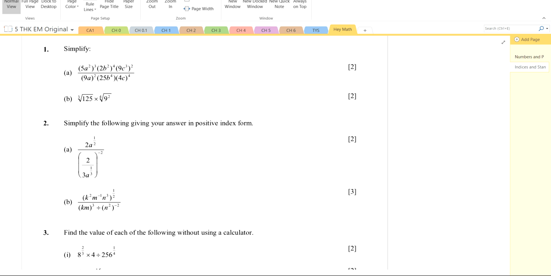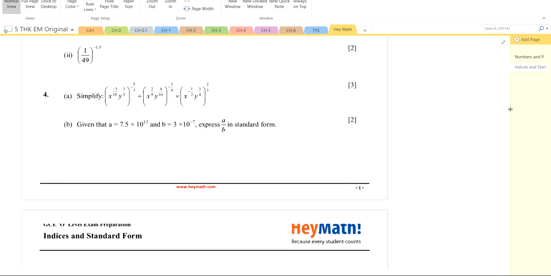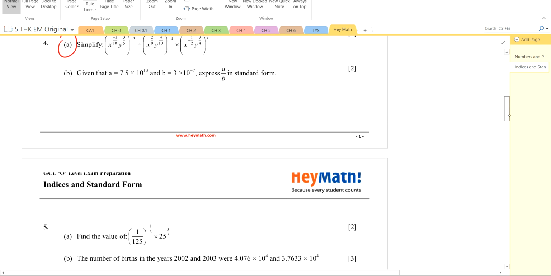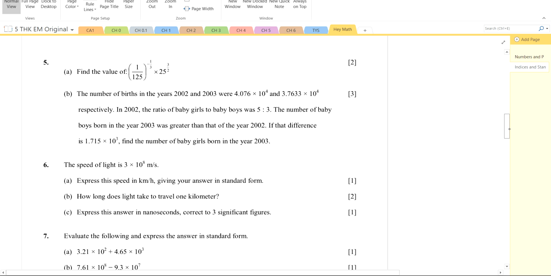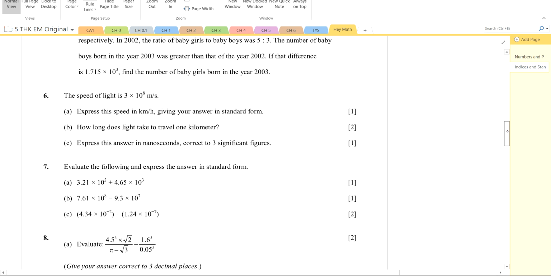Okay, anybody from 1? 1A. Any more from question 1? Okay, question 2, whole thing. Next. Question 4, anybody? 4A only. Question 5? Yeah, I circled the whole tree already lah.